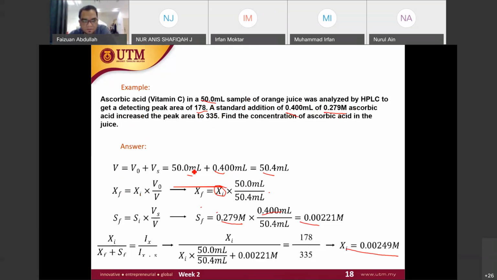Now we have the information. 50 ml and 0.4, so we have a total volume of 50.4. So X final is equal to X initial times initial volume, divided by final volume. But we don't have both Xi and Xf.